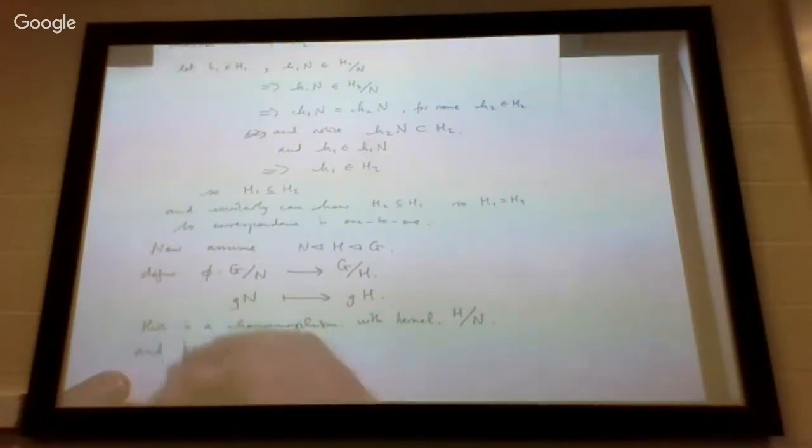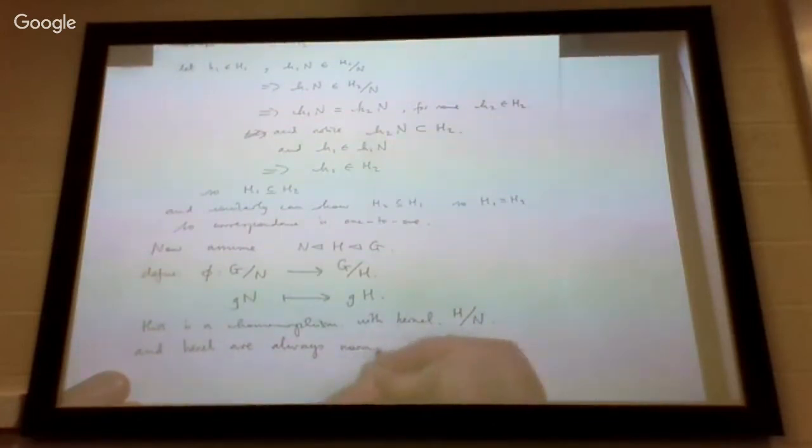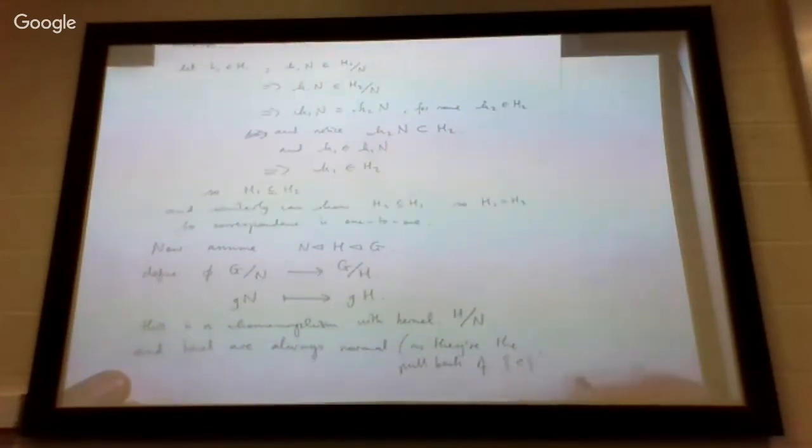Kernels are always normal, as they're the pullback of the trivial subgroup, which is trivially normal.